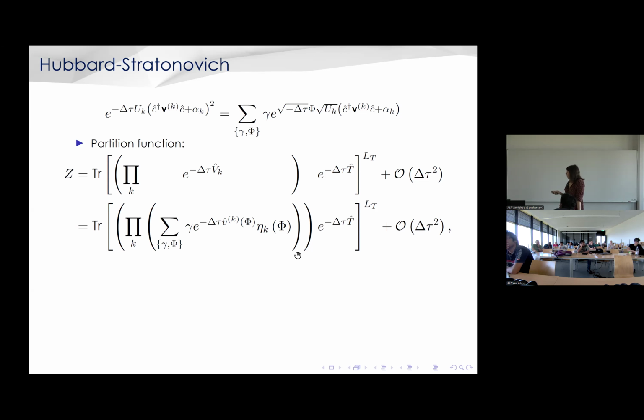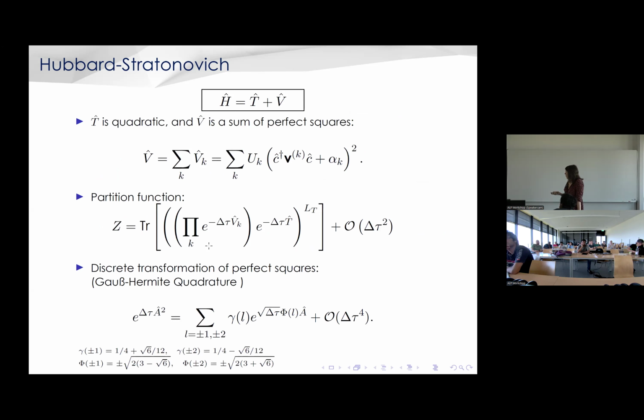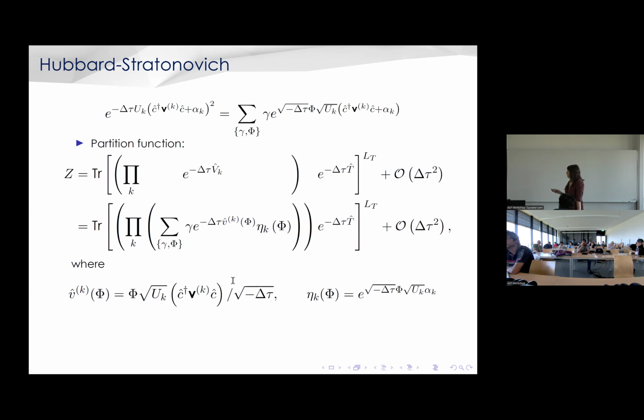But what's different is that we now have a summation over gamma and phi, where gamma are some prefactors that could be at the front of the entire partition function, and the phi depend on the fields and are attached to the operators. Okay, and these are the definitions that we have.